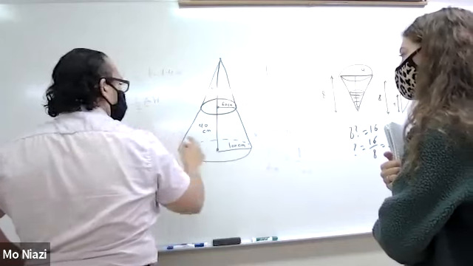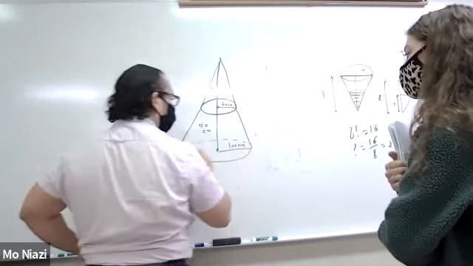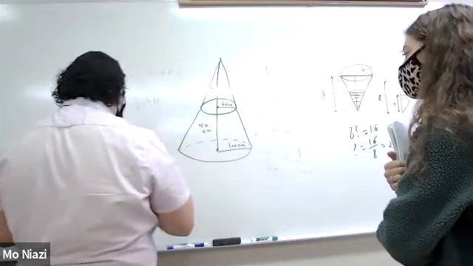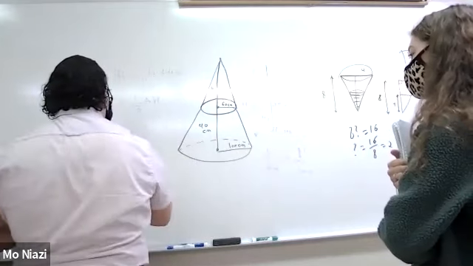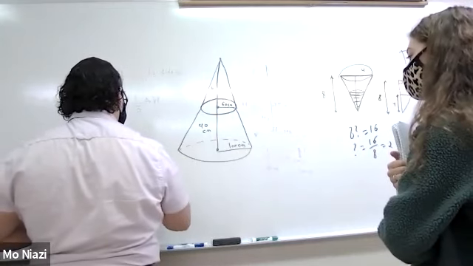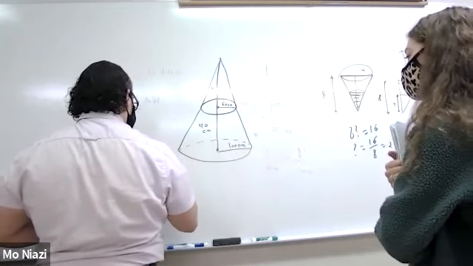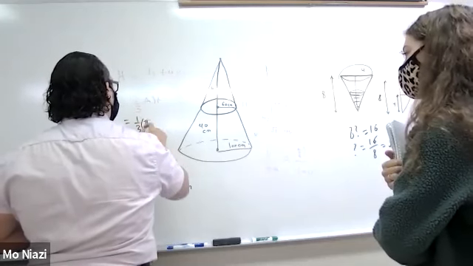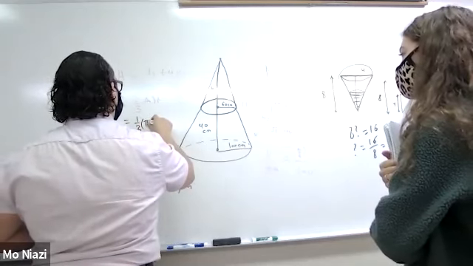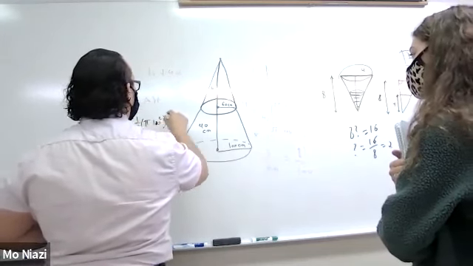Capital A is this area, pi 100 squared. So this is running out of ink, so we can run that calculation real quick. So this becomes 1/3 pi 60 squared h. This becomes 1/3 pi 100 squared capital H.